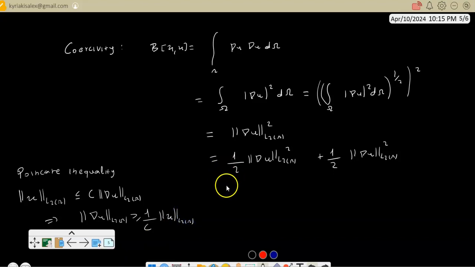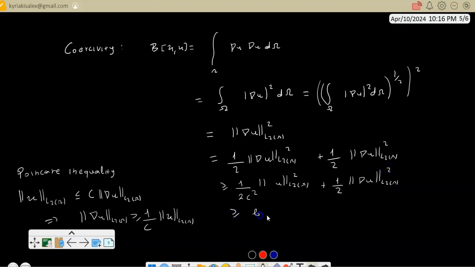So here this is greater than 1 over 2c squared times the norm of u in L2 squared plus a half, sorry, not the grad u norm, it is the u norm in L2. And here is the grad u in L2 of omega squared.